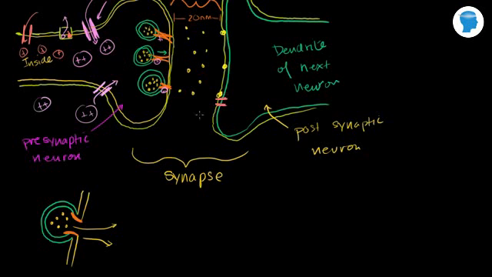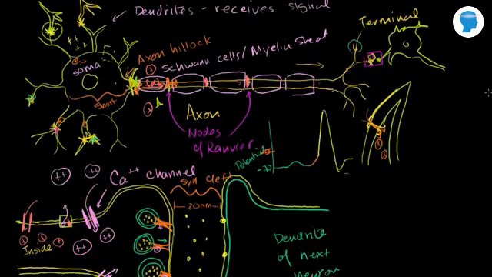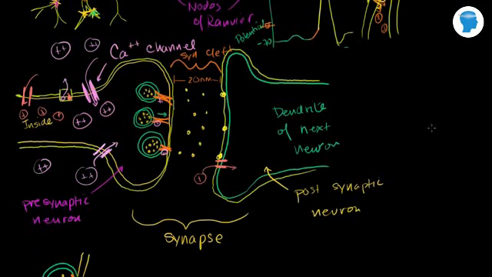So this will cause a sodium channel to open up, and then sodium will flow in. And then, just like we said before, that's like this getting excited, it'll become a little bit positive, and then if it's enough positive, it'll electrotonically increase the potential at this point on the axon hillock, and then we'll have another neuron, in this case this neuron, being stimulated. So that's essentially how it happens.